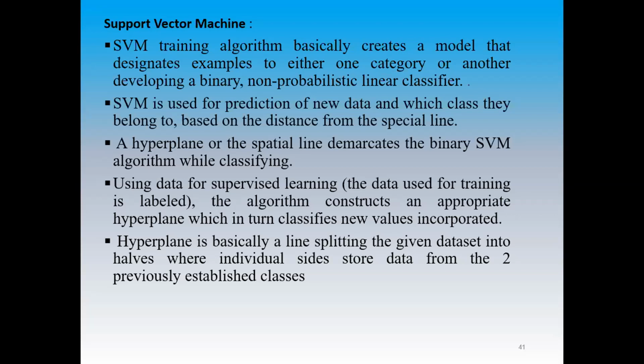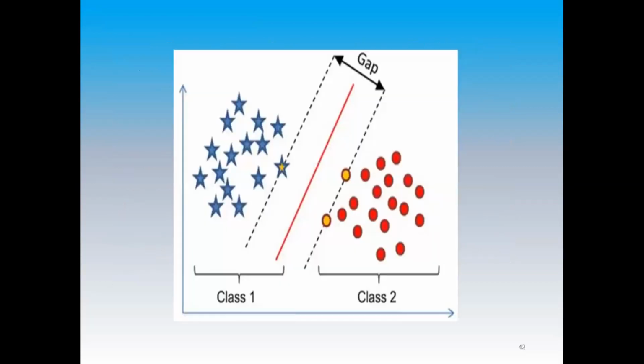There will be one spatial line that divides the data into two different classes, class A and class B. In a support vector machine, a hyperplane is generated, which demarcates a corona and a non-corona patient. Only then can we classify the data into category A or category B.